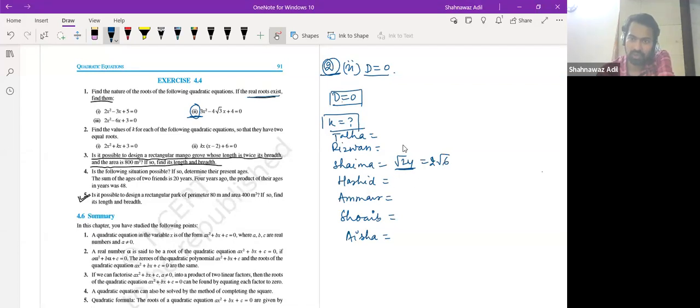Okay. So Rizwan is also getting 2 root 6. Sir, I also got 2 root 6. Okay, good. So we have an agreement on this answer, 3 votes for 2 root 6. Let's see that plus minus. Okay, so plus minus.